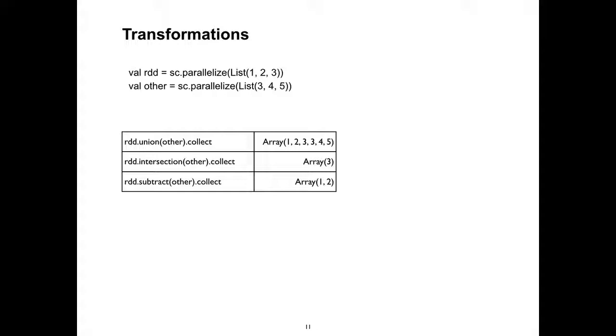Various transformations on two data frames or RDDs. So I create two lists. I can do a union, right? Combine them together. I can do intersections. I can subtract one from the other.